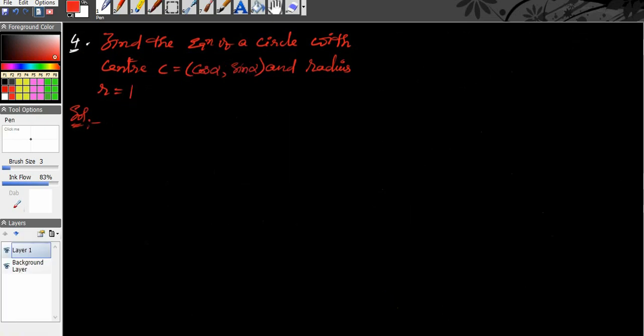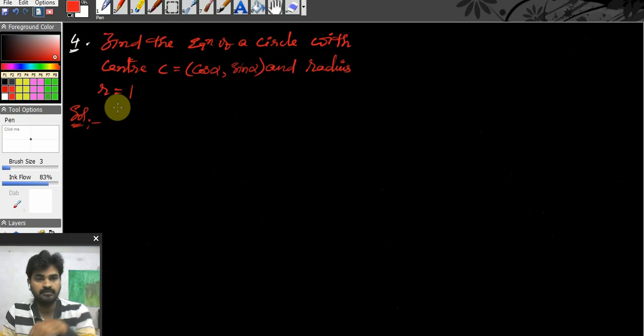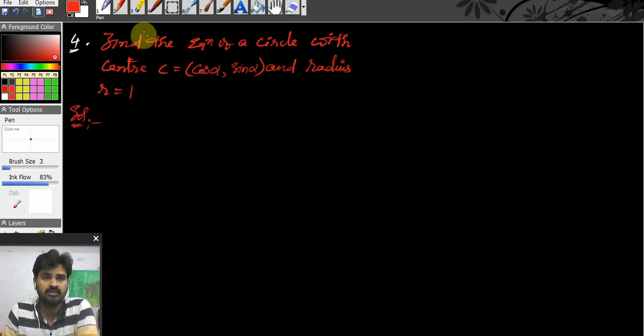Okay, look here, one more problem is there. Here also the center and radius are given, and in the same process we have to find the equation of the circle. So let's start the problem. You have to take what is given here.